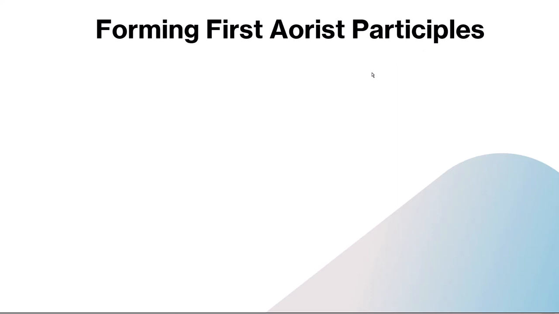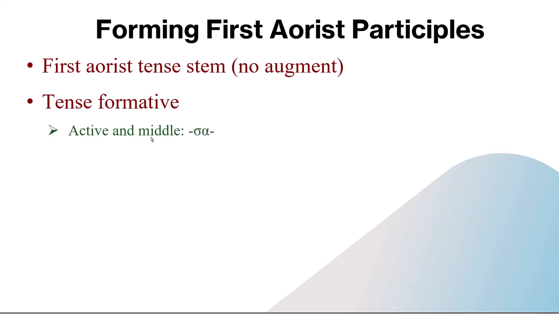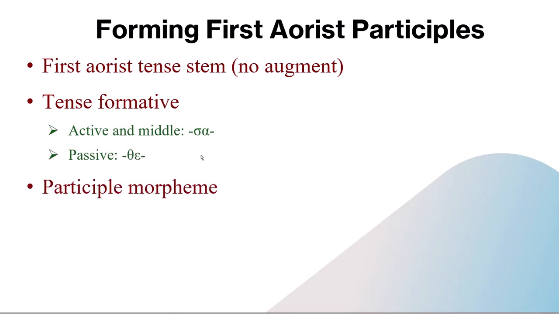For first aorist participles, we begin with the first aorist tense stem. There's no augment. We have a tense formative, which in the active and middle voices is sa, sigma alpha, and in the passive is the, theta epsilon. There's a participle morpheme.